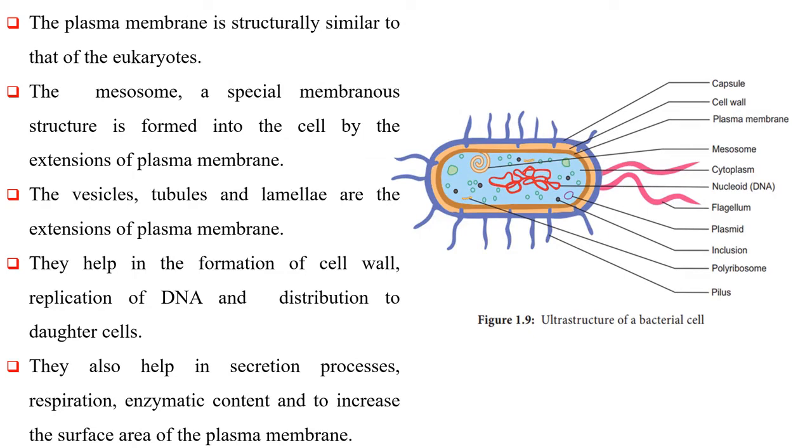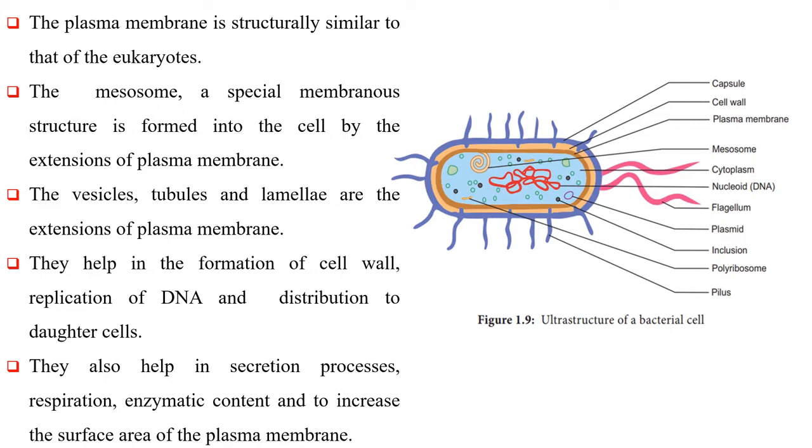The plasma membrane is structurally similar to that of the eukaryotes. The mesosome, a special membranous structure, is formed into the cell by the extension of plasma membrane. The vesicles, tubules, and lamellae are the extension of plasma membrane. They help in the formation of cell wall, replication of DNA, and distribution to daughter cells.